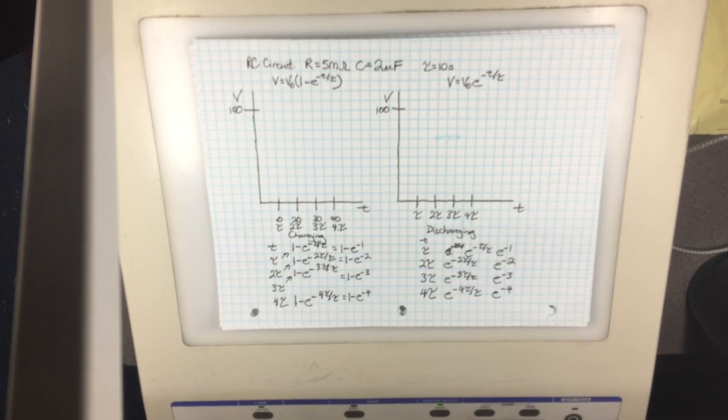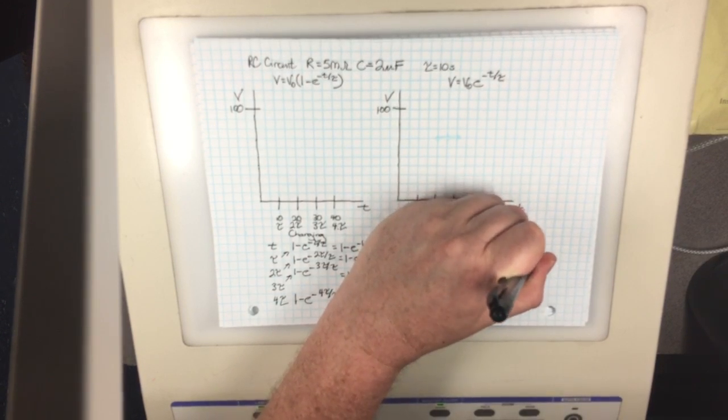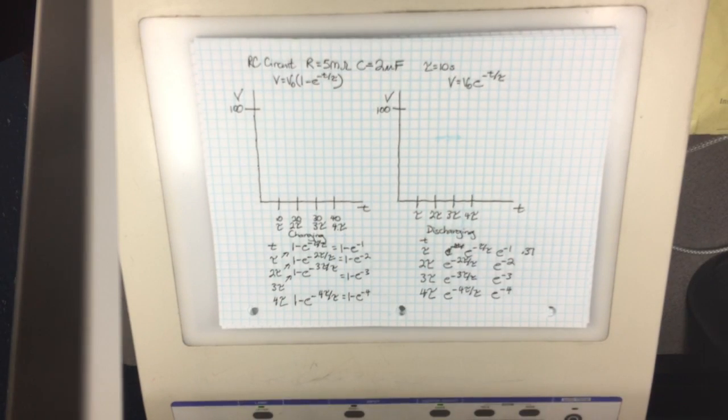So e to the negative 1 is 0.37. They're extra numbers, but I don't care about them. In terms of hand drawing this stuff, I don't need it.